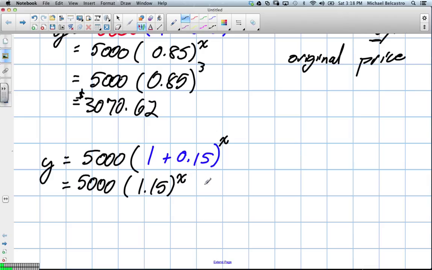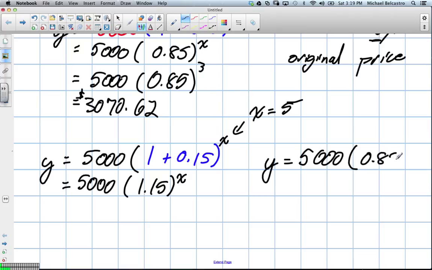And the car was 5 years old, so our x in this case is going to be 5. But we really shouldn't be going along this because, like we just talked about at the beginning of this video, the year before's 15% is not the same as this year's 15%. So let's do another example where we keep the original formula, 5,000, and we subtract 15%, so 0.85 to the power of x.